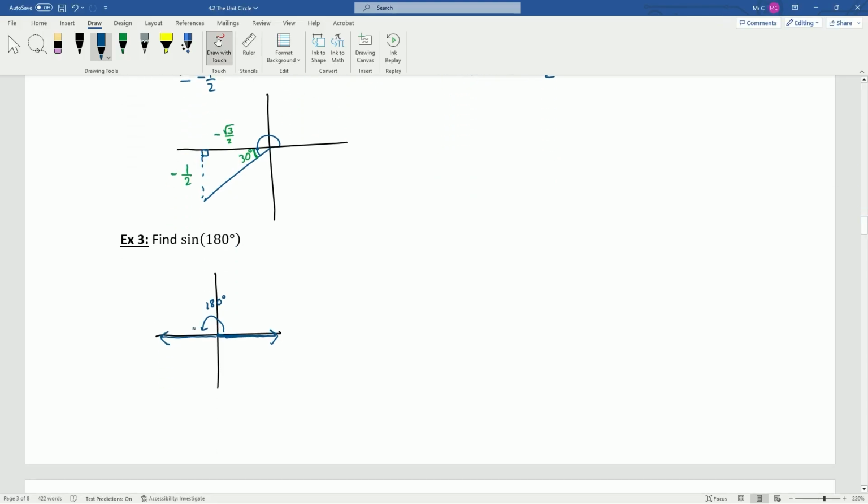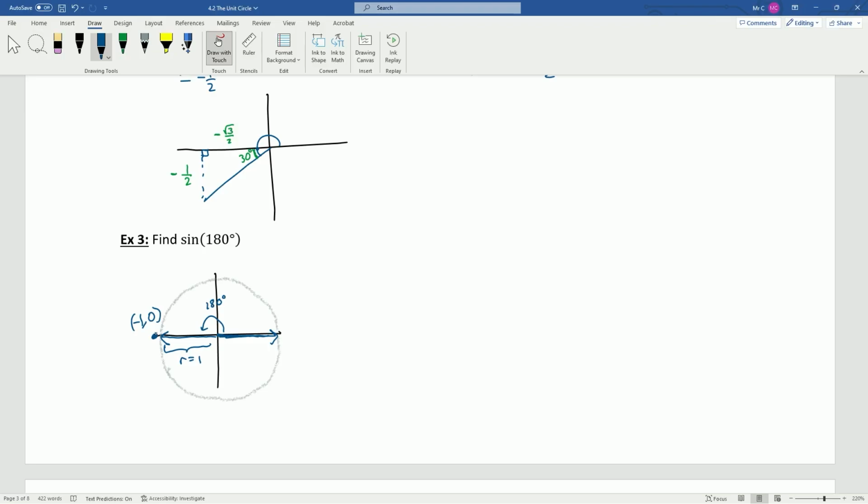So how do I figure out what sine of 180 degrees is? Well, you just have to remember that what we're talking about is a circle here. And it's not just any circle, it's the unit circle, meaning it has radius 1. So if this length is 1, and I'm going straight to the left, then the point I'm going to end up with is the x value negative 1 and the y value 0, right?